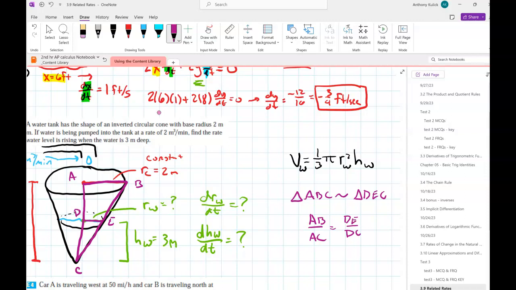Or in other words, RC over HC equals RW over HW. And why is that good? Because HC and RC, we know those are constants.